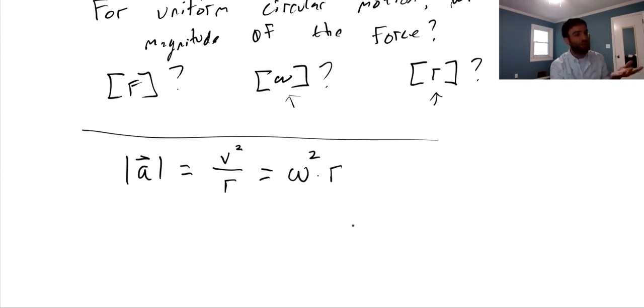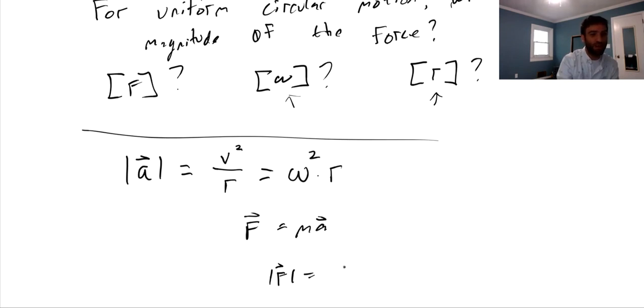So this is the formula that tells you the magnitude of the acceleration that you need in order to move in a uniform circular motion. And you know that that means the force, which is equal to the mass times the acceleration. The magnitude of the force is just going to be the magnitude of this multiplied by your mass. So m v squared over r, and that's the same as m omega squared times r.